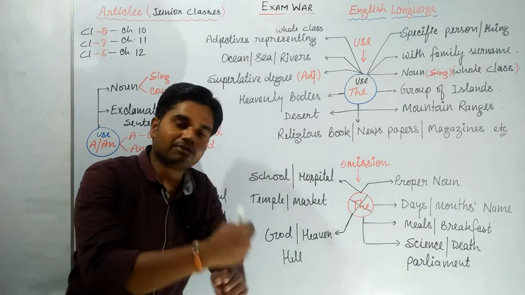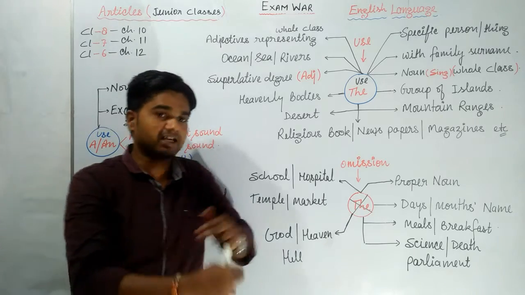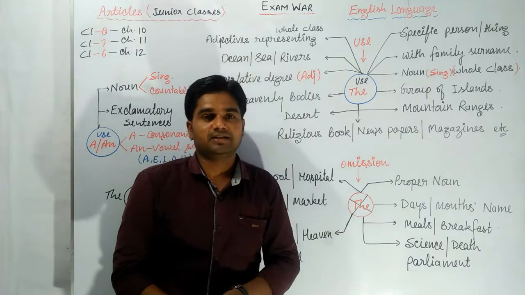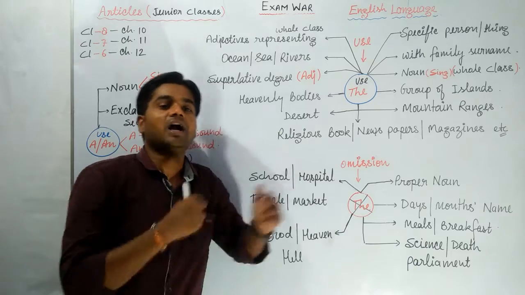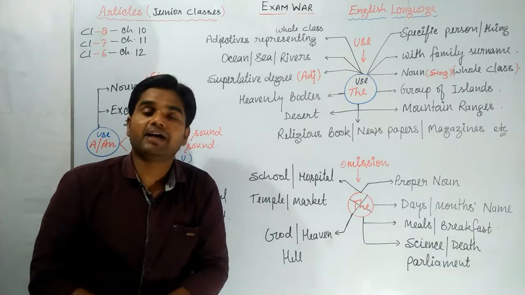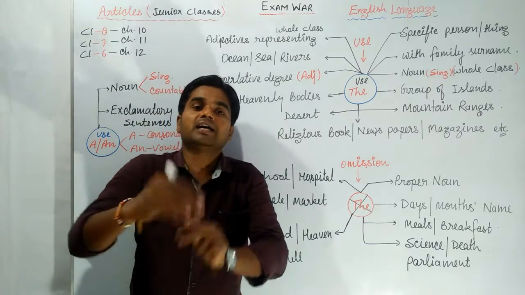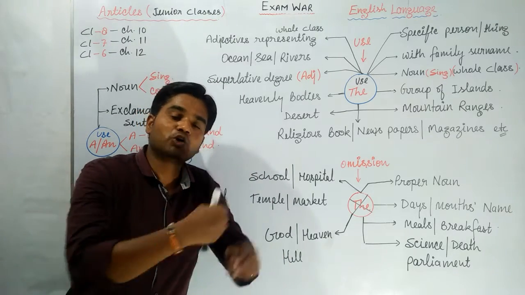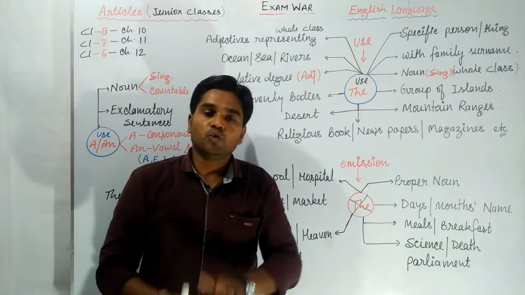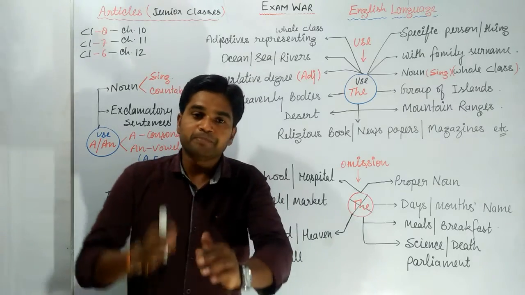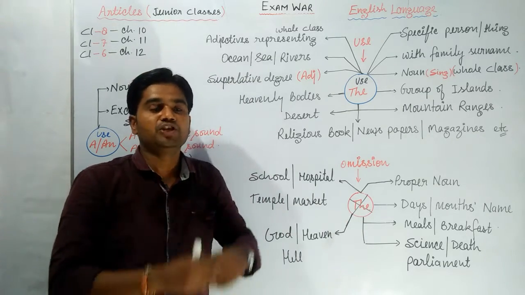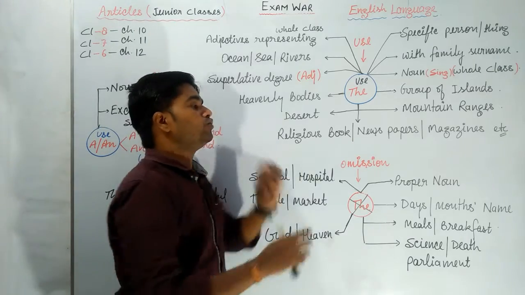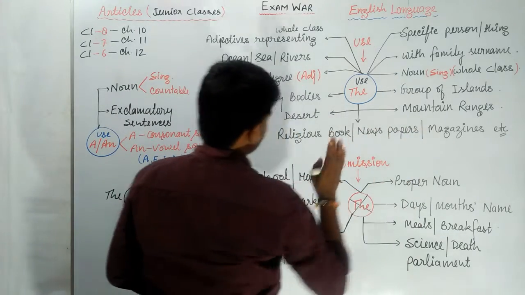The Aravallis, it is correct. The Alps, it is correct. The Western Ghats, it is correct. But if I say the Anaimudi, it is wrong. The Guru Shikhar, it is wrong. We do not use article the with a single peak. We use article the with mountain ranges only.